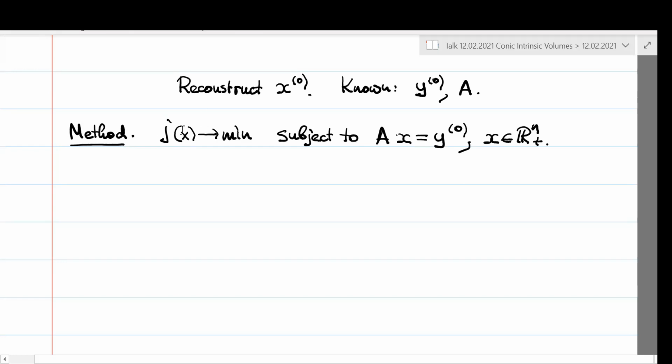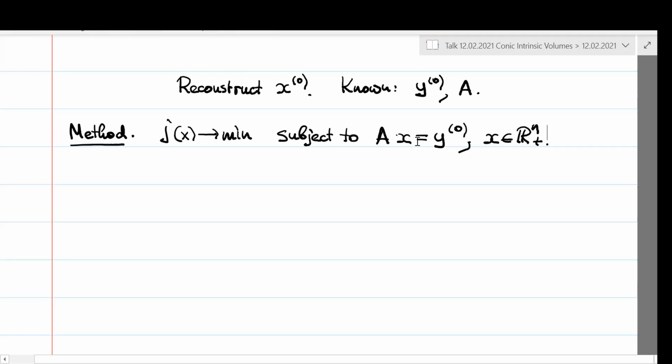And for the following, it will not be important which function we take, because we shall be interested mainly in the problem when these two conditions determine x uniquely.